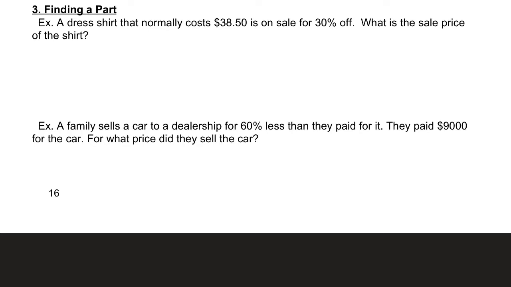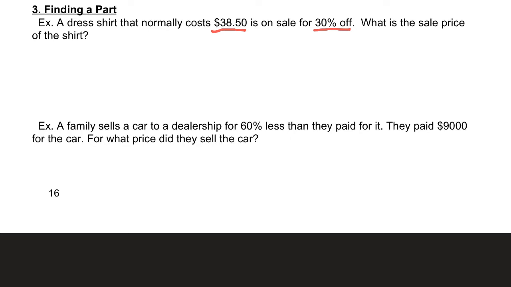So it says a dress that normally costs $38.50 is on sale for 30% off. What is the sale price of the shirt? So when we're talking about something like this, we're finding out a percentage of that $38.50, and it's on sale for 30% off. So I'm going to do just one extra step to figure out how much I'd actually pay.